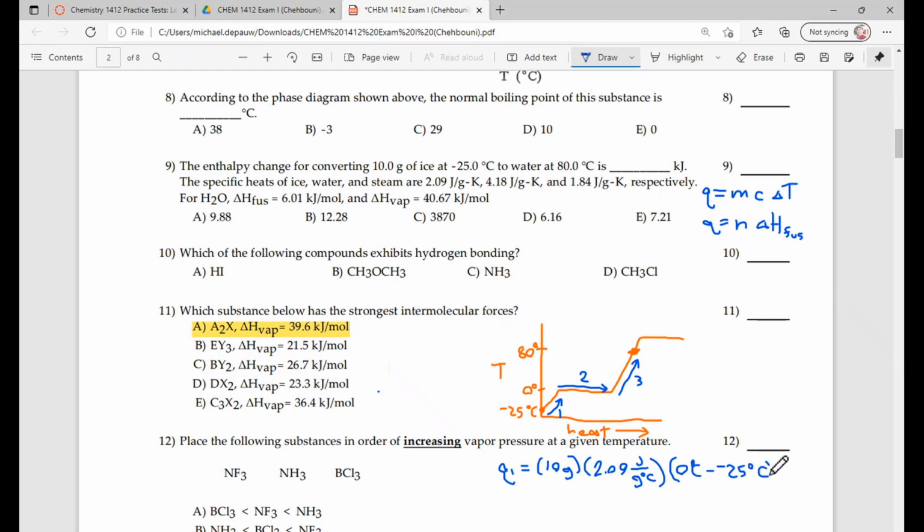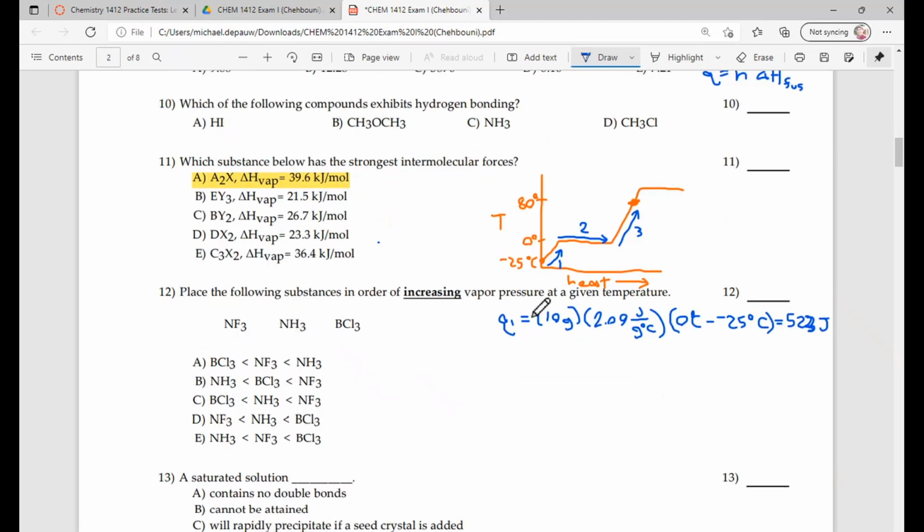So 10 times 2.09 times positive 25, that's going to give me what? 522.5? I'm going to trust you. I'll just do 523 because I only have 3 sig figs, and it's joules.